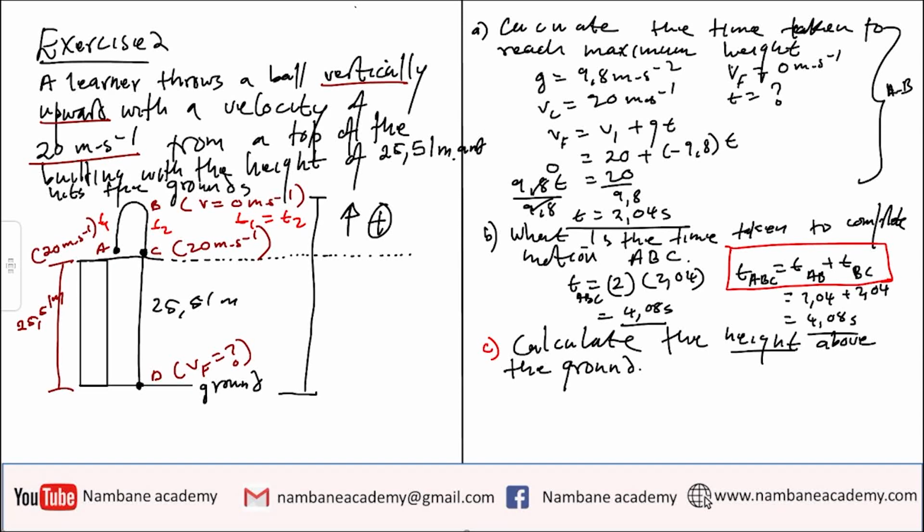Thank you very much. Now, ladies and gentlemen, Mr. Ditadi, Bonolo, let's look at this. The sketch basically says that this will be BC and this will be DC. We already have CD, which is 25,51 meters. So it basically says I just need to get the delta Y of BC. Can you see it, Mr. Ditadi?